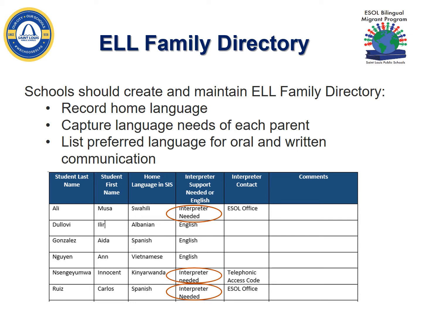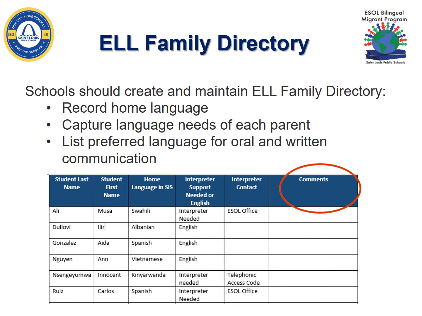In this example, you can see that for Spanish and Swahili, the ESOL office interpreters are listed as support, while for Kinyarwanda, a telephonic interpretation code is a way to ensure meaningful communication. That is because our district language access team is used for all languages represented on the team, and for all other languages, there is telephonic interpretation available.